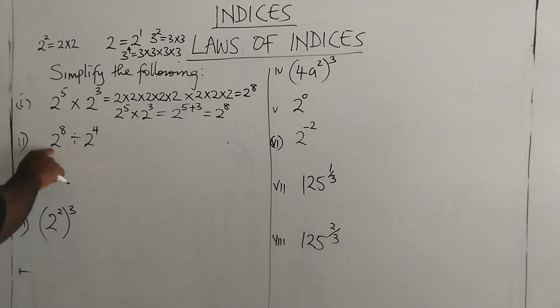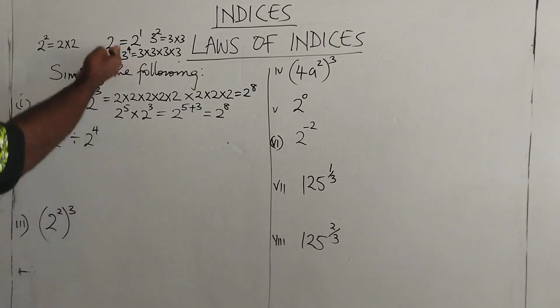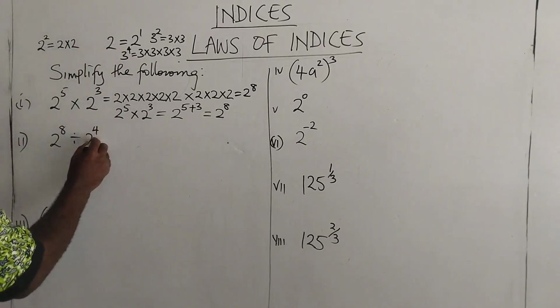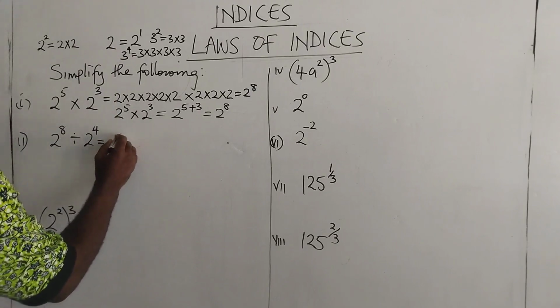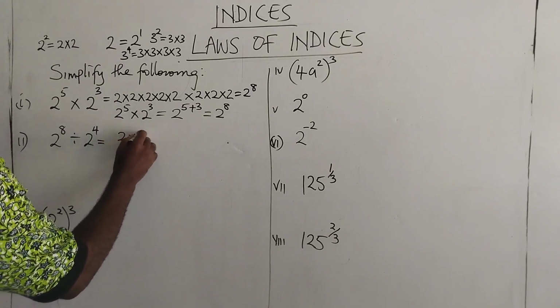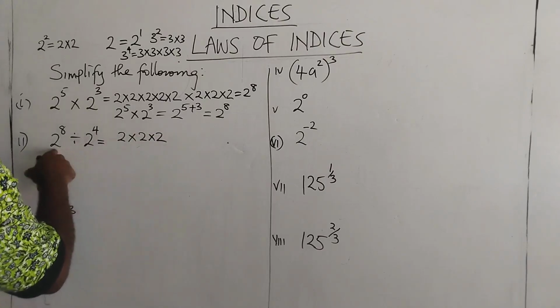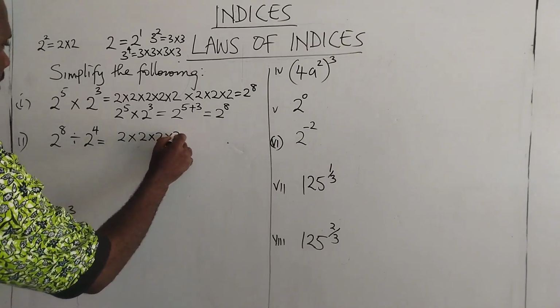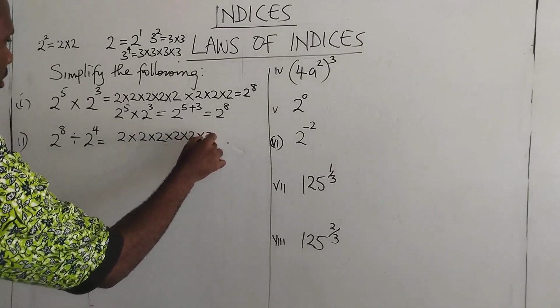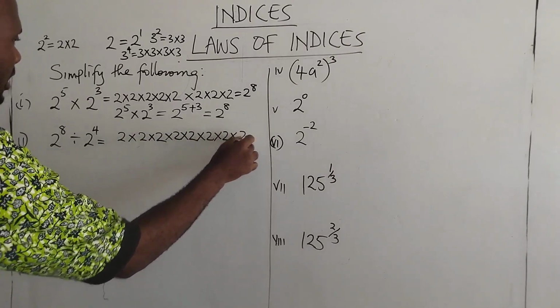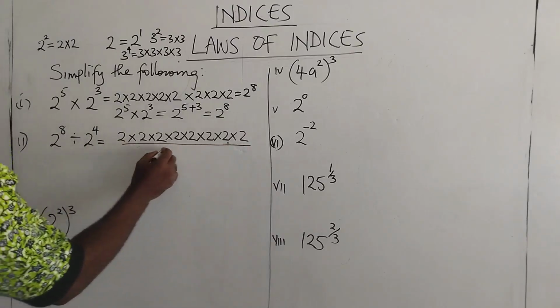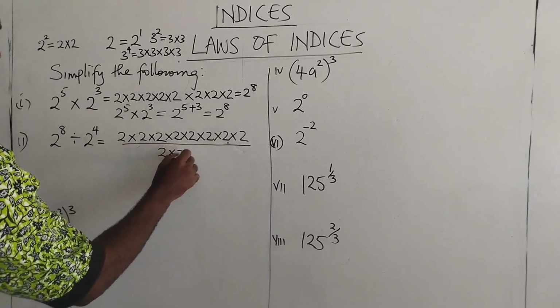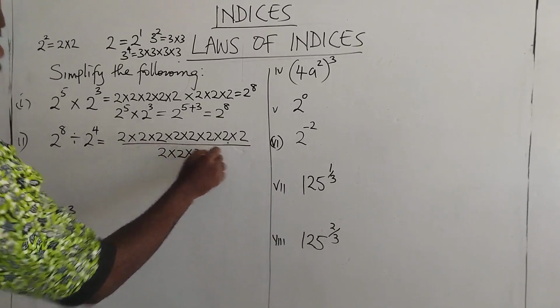Now, the second one says 2 raised to power 8 divided by 2 raised to power 4. With this knowledge in mind, you can solve this question like this. 2 times 2 times 2, that is 2 into 8 places, divided by 2, 2, 2, and 2.